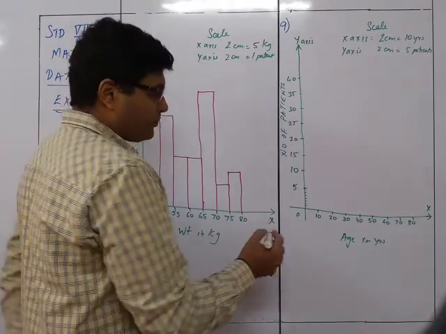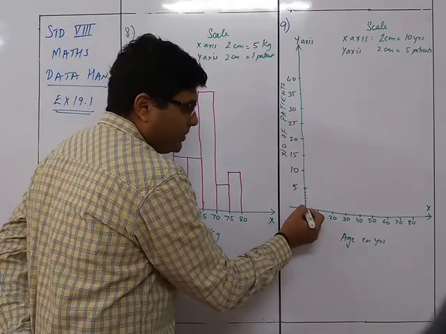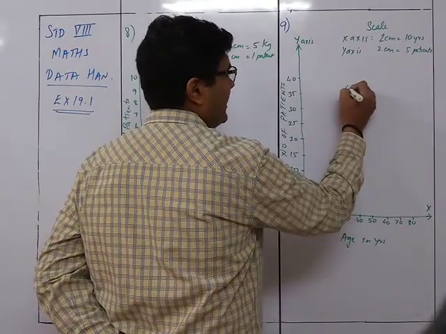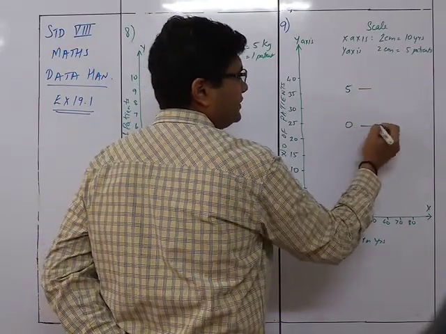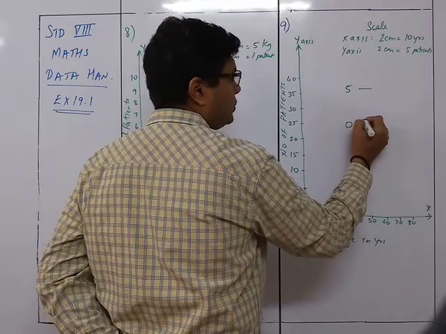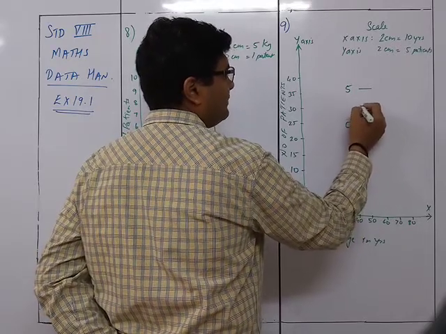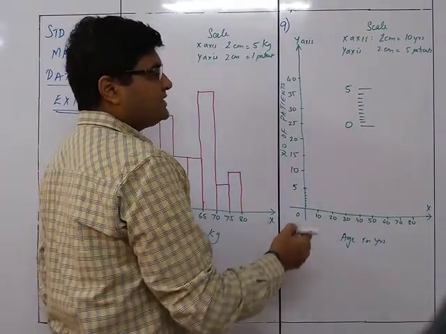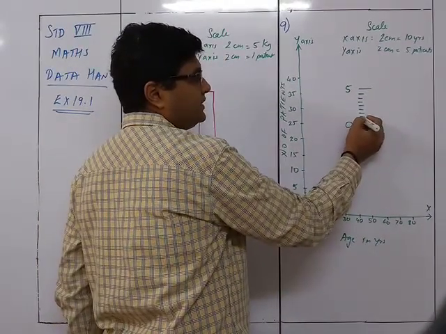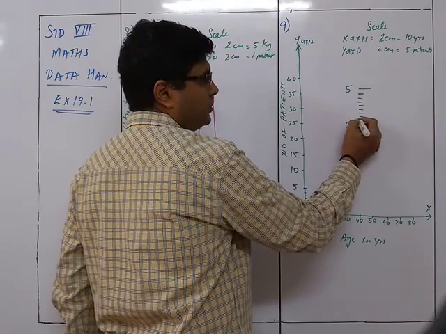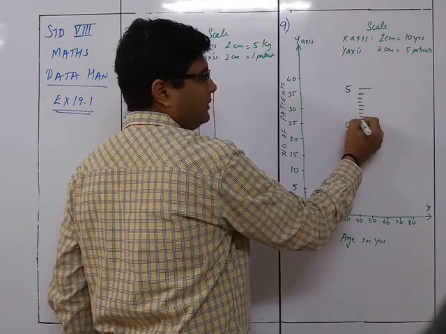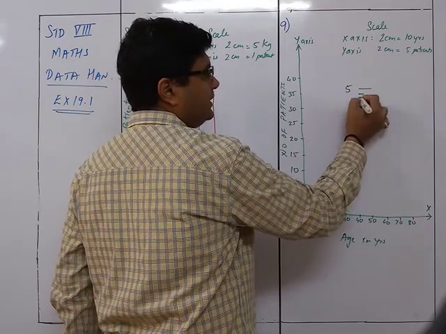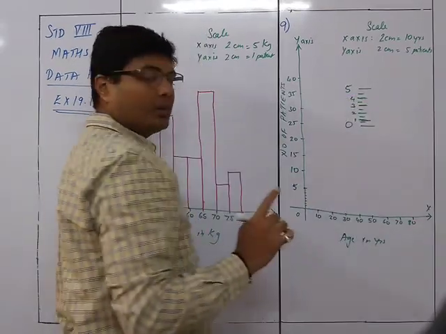I'll make it bigger. So it is 0 here, 5 here, and then there are these dark lines, and then 1, 2, 3, 4, 5, 6, 7, 8, 9. So you can see that every 2 small lines is equal to 1 unit. So this is 1, this one is 1, this one is 2, this one is 3, this one is 4.